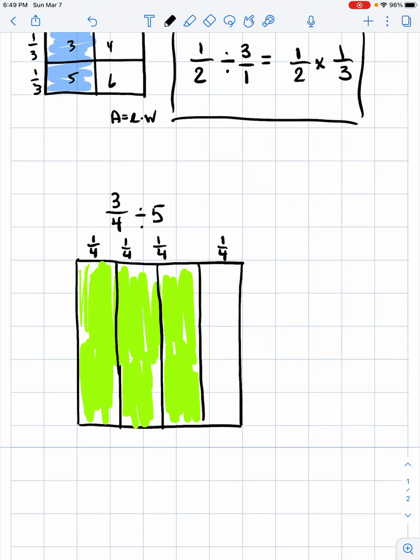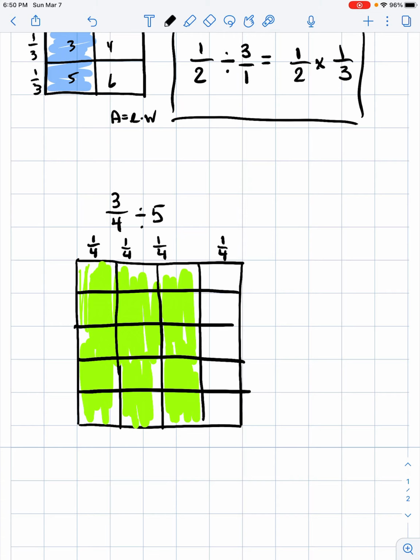Okay, it's a little far apart, but you get the idea. Each of these is 1/4. And I want to divide the 3/4 into 5 pieces, so I'm going to divide them this way. I'm going to draw 4 lines to divide them into 5 pieces. Okay, and there we go.